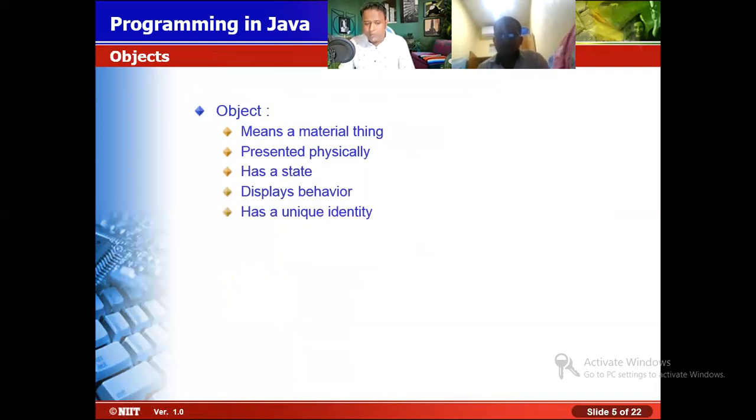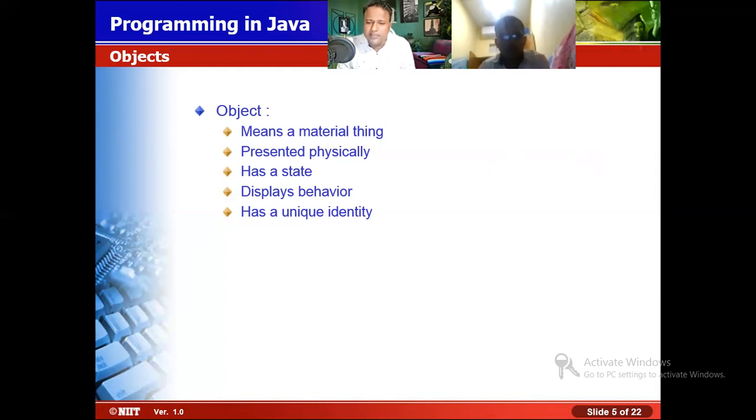So what is that object? Object means it is a material thing which is present physically. It displays behavior, has a state, and has a unique identity.